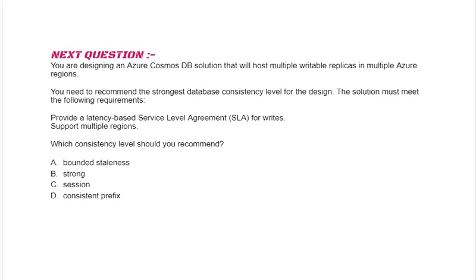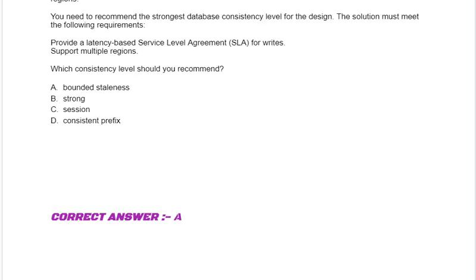Support multiple regions. Which consistency level should you recommend? Option A. Bounded staleness. Option B. Strong. Option C. Session. Option D. Consistent prefix. Correct answer is option A.